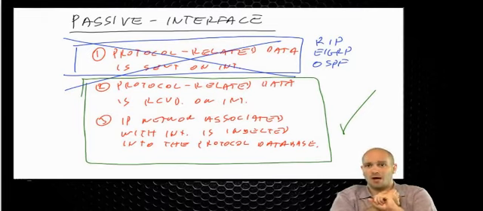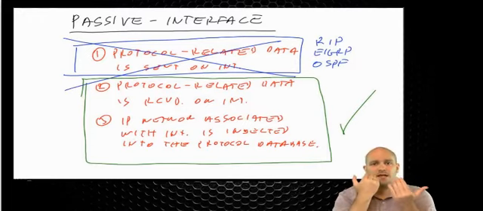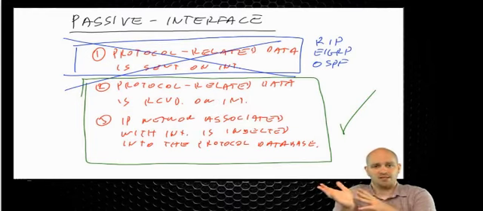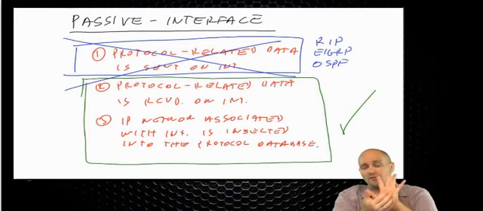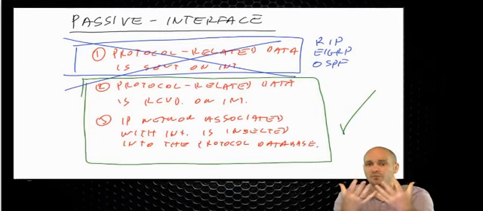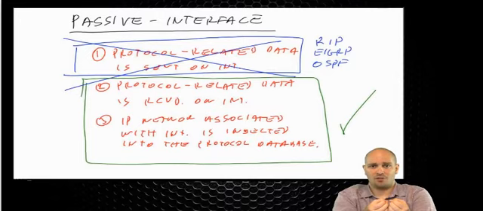Now, for EIGRP and OSPF, you cannot exchange routes between neighbors before you form an adjacency. And you cannot form an adjacency before the neighbors know about each other. So when you declare an interface as passive, you are preventing the router from sending hellos. If you are not sending hellos, you cannot form the neighborship with the router next to you.